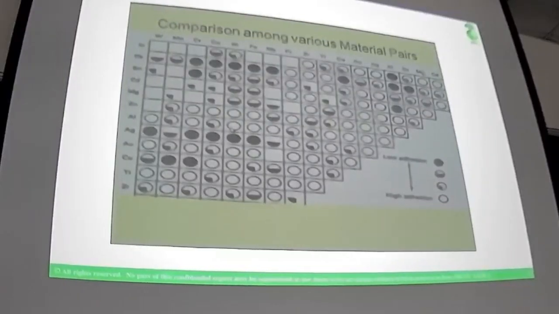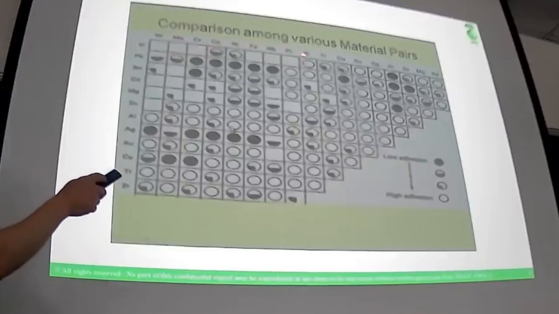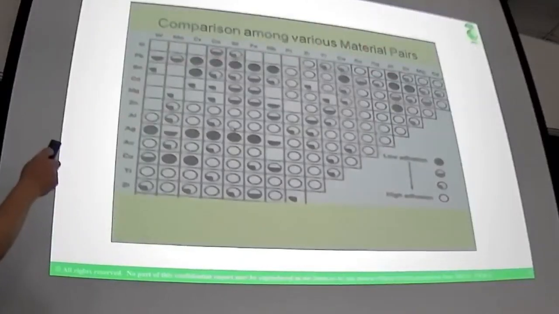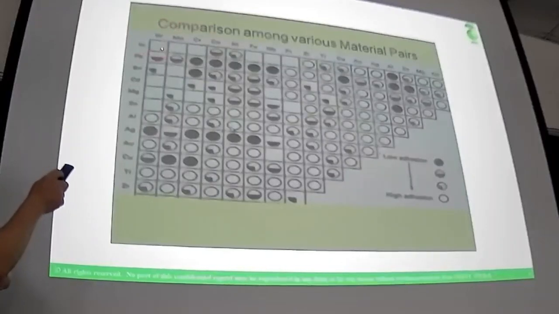kind of material pairs. For the horizontal axis you have a different method, and the vertical axis another different method. So you have a combination between these pairs, and then you will have some result.